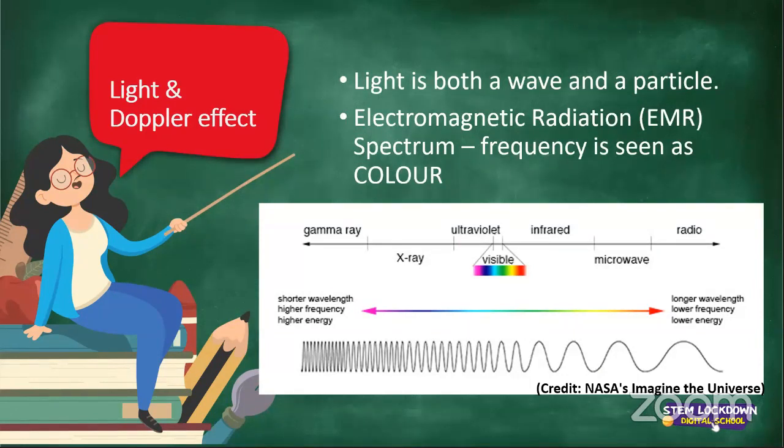So hopefully from grade 10, you remember the electromagnetic radiation and that table that we used to show visible lights and the colors and the wavelengths that they had.